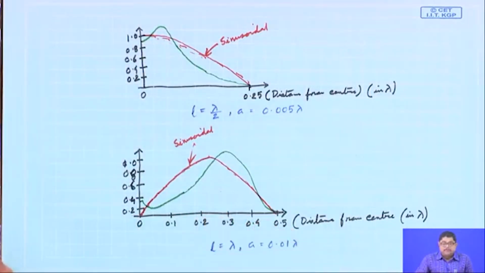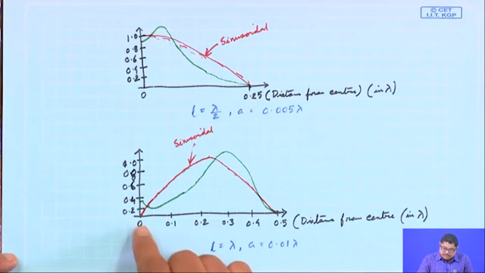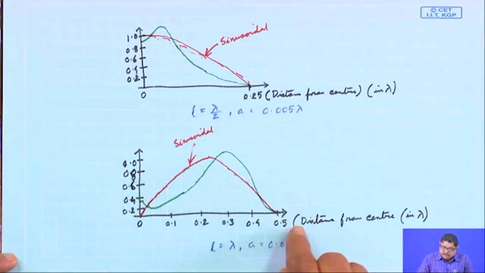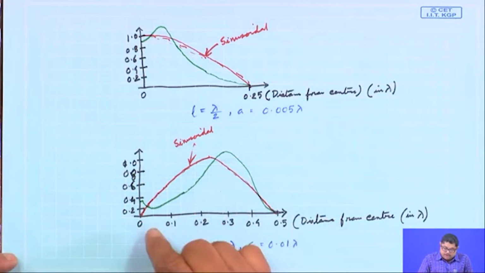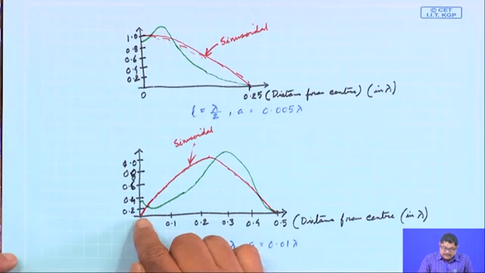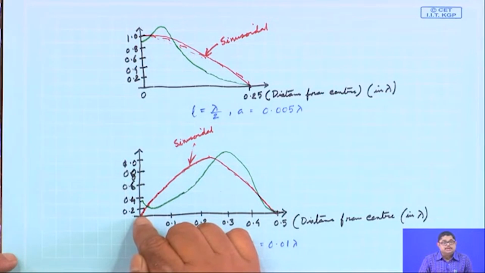The second graph is for a lambda dipole, that means a full wave dipole. Again you see it is a thin one. Here also the sinusoidal is as expected, but the peak is at a different point, and most importantly, at the center feed point the sinusoidal current distribution says 0. That would make the input impedance go to infinity, which is not the case.